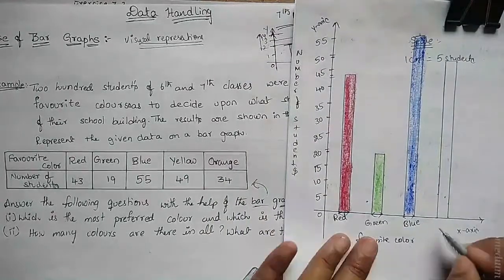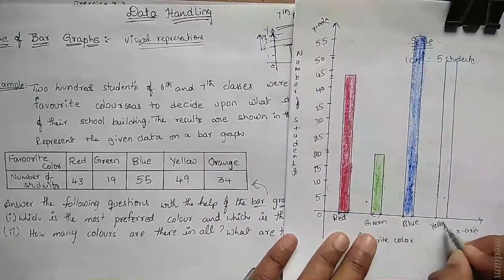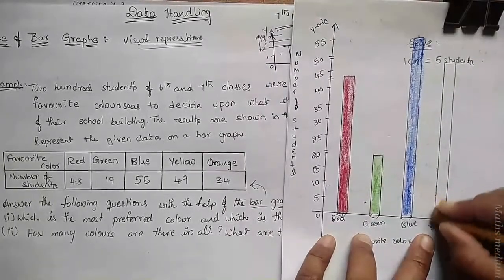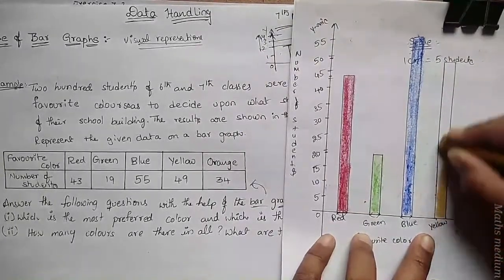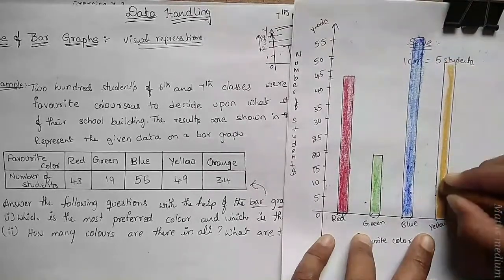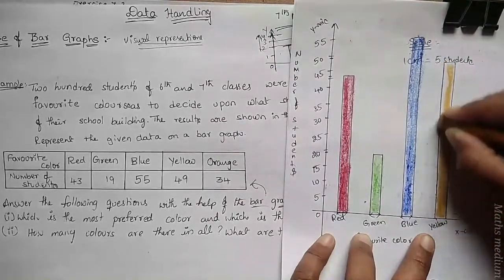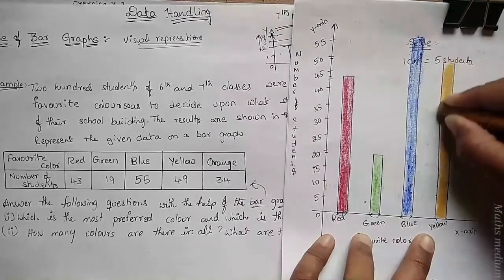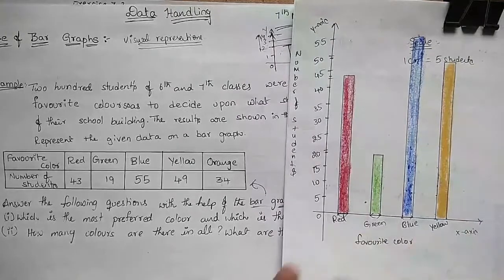This is yellow in color. Also draw with the yellow color. Crayons or sketches, you may use whatever material you have available. If you have any chart pieces in these colors, you can also paste them in front of the bar graphs.